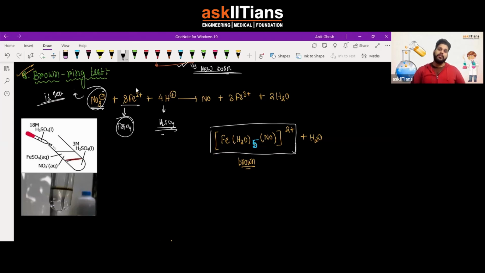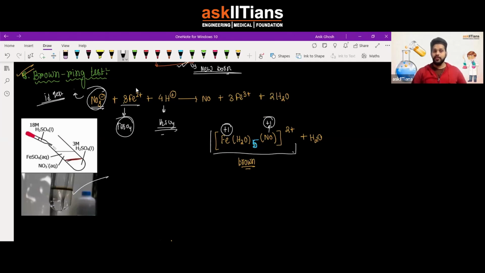right? Penta-aqua nitrosoferrate compound. Now, this particular compound that we have found here, guys, is called the brown ring complex because you get the brown ring here. And the special fact about this is that this brown ring has iron in the +1 oxidation state because this NO is NO+.